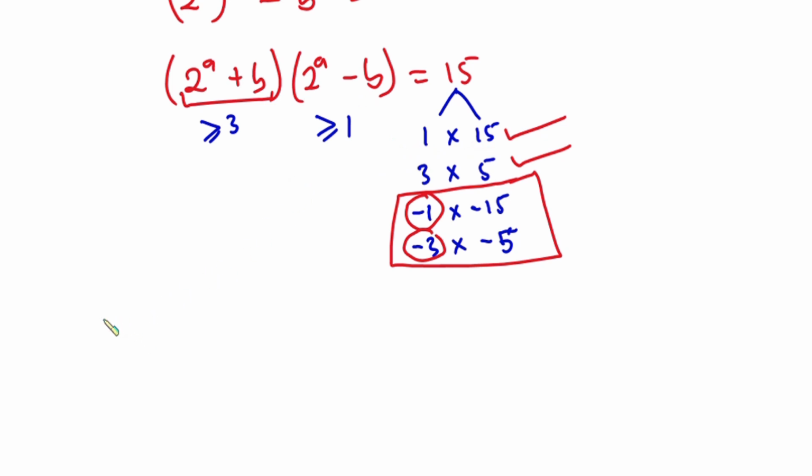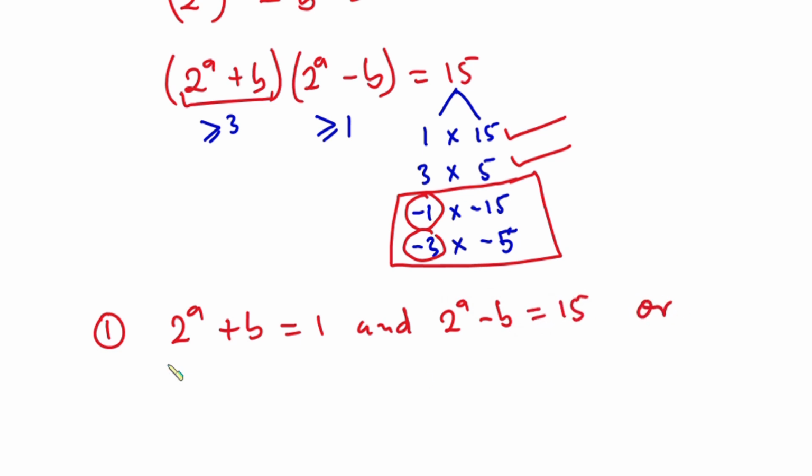So it could be that from case 1, 2 to the power a plus b is equal to 1, and 2 to the power a minus b is equal to 15. Or it could be that 2 to the power a plus b is equal to 15 and 2 to the power a minus b is equal to 1. So that is for this one.